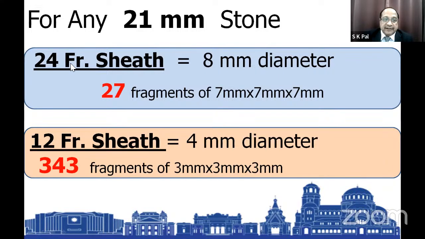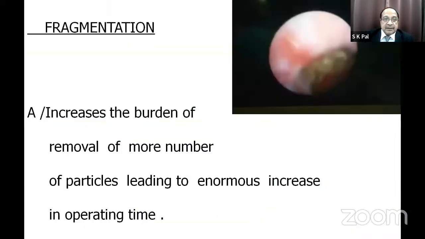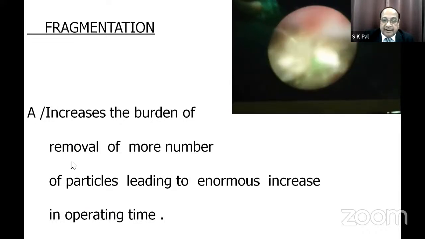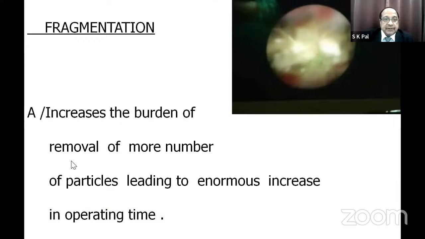But if you reduce the size to half, from 24 to 12 French, from where you can remove fragments of 3 into 3 into 3, you have to remove almost 13 times more fragments. It is not just double the number of fragments. So fragmentation increases the burden of removal of more particles, leading to an enormous increase in operating time.